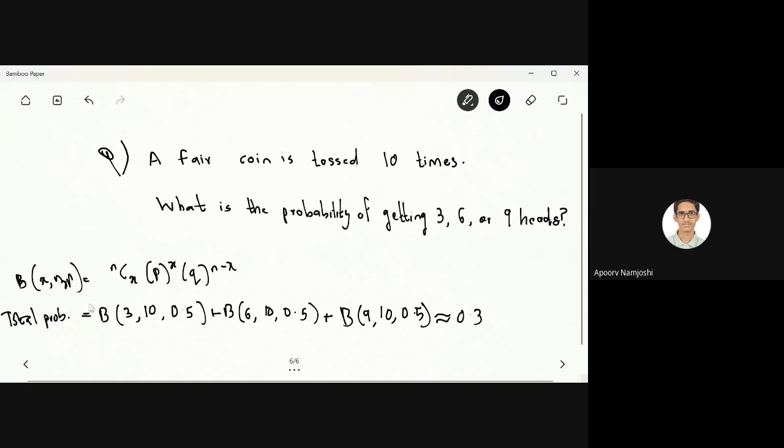Okay, so we looked at this problem in two ways, one in the conventional way and one using the Monte Carlo method. So these were two basic examples.